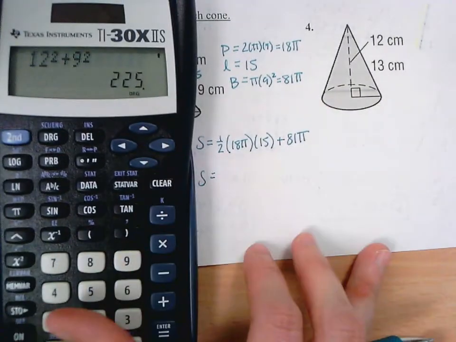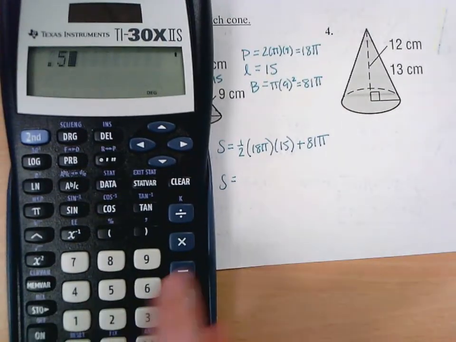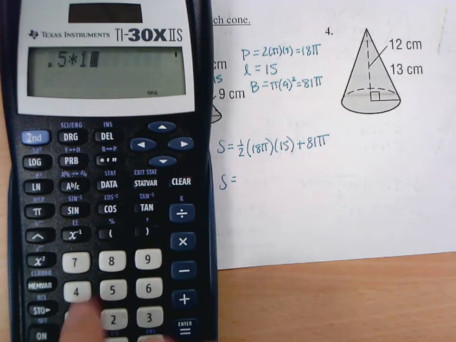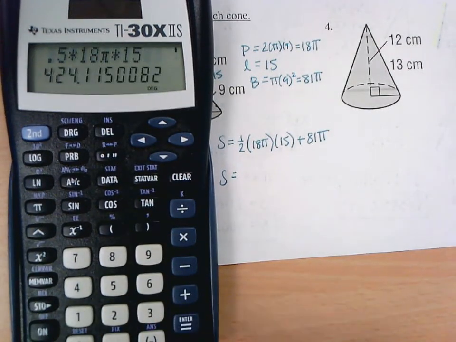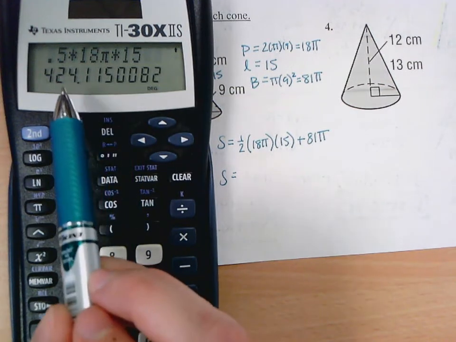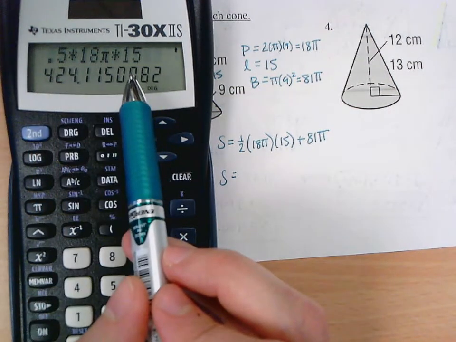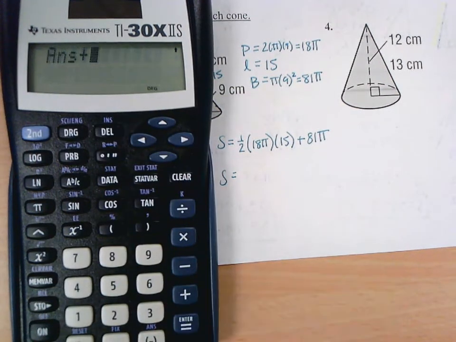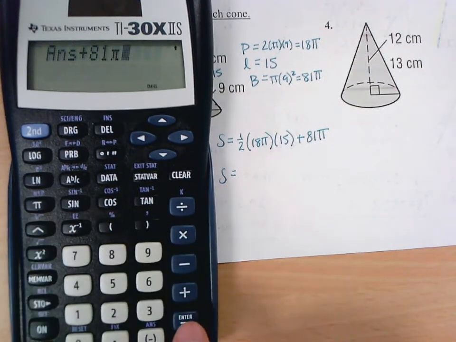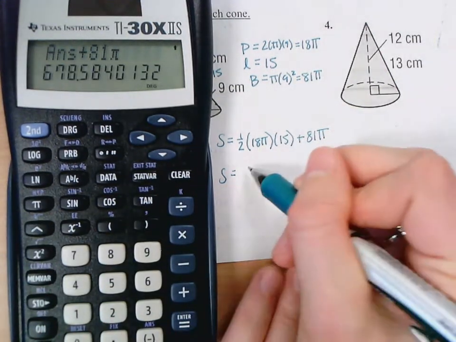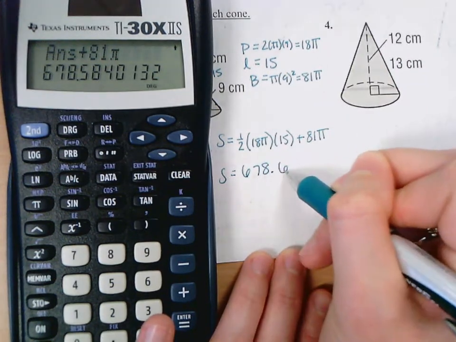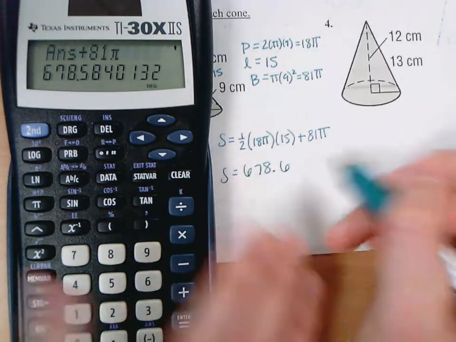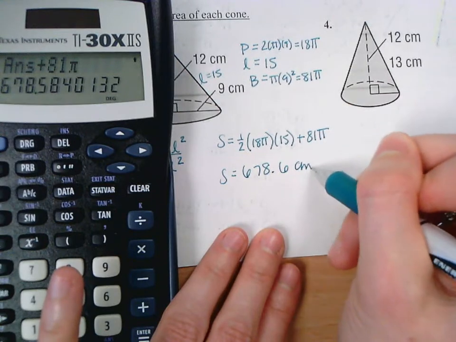So I type this in: 0.5 times 18 pi times 15. If I just asked you for lateral area, that would be your answer for lateral area. And then plus 81 pi. That gives me the surface area, 678.6, and that would be in centimeters squared.